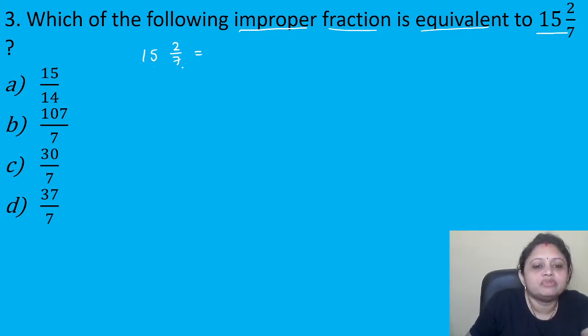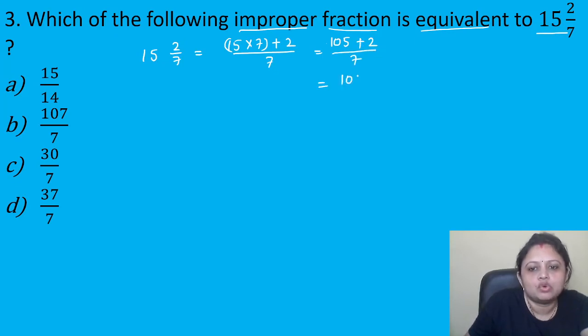It will be 15 into 7 plus 2, divided by 7. So 15 into 7 is 105, plus 2, by 7, that is equal to 107 by 7. So here the correct answer is option B.